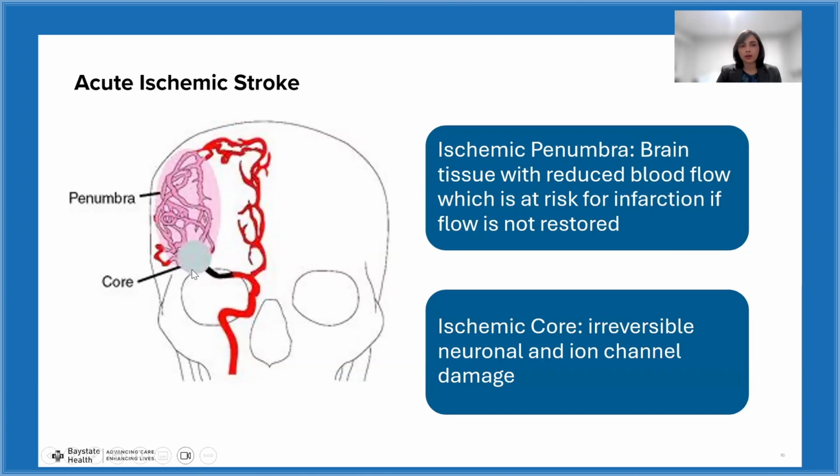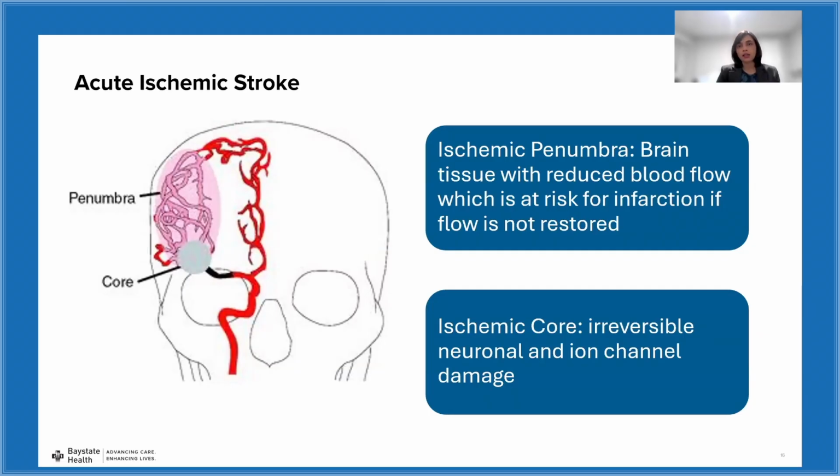And the dead center of this area, it's called the ischemic core. And that's the region where you have irreversible neuronal damage or cell death. So essentially, it's the part of the brain where, even despite treatment, that part may be potentially lost or it may not be salvageable tissue.